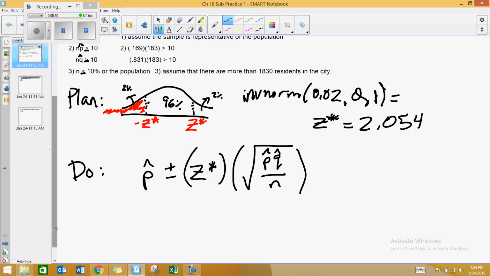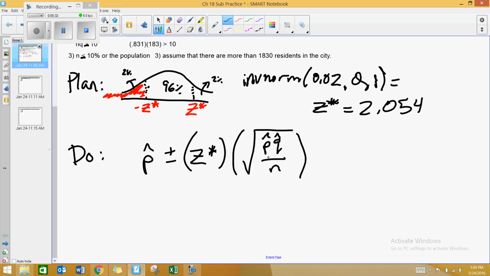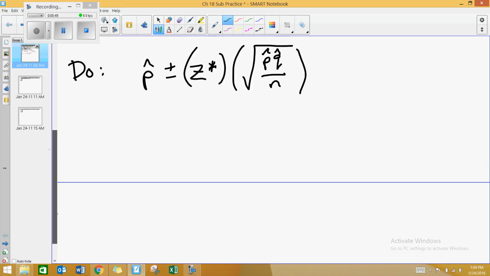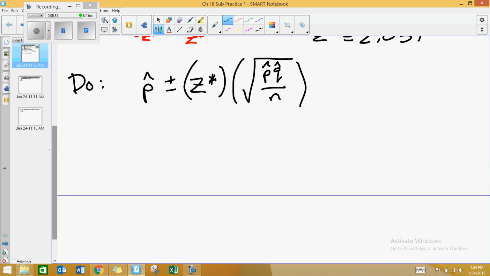Now again, you don't need to include this with each of the individual variables, because you do run the risk of losing points if you mistakenly put p or q when we're referring to p hat or q hat. So you always have the option to just jump right into plugging in the numbers, which is what we'll do. The sample proportion that we arrived at from this little town meeting was 0.169.